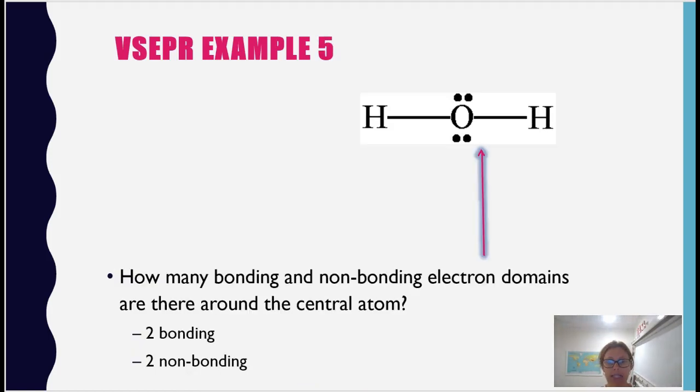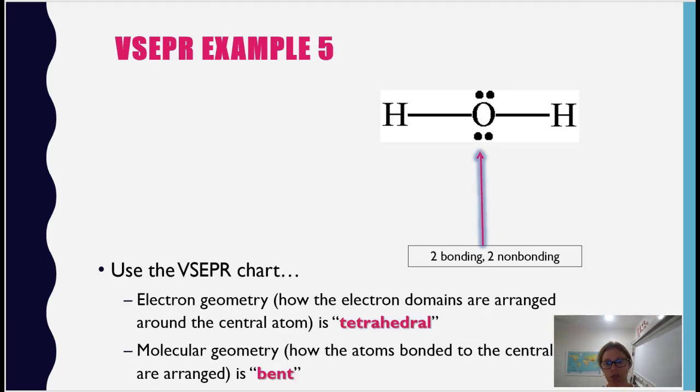And looking at this example here, again, 2 bonding pairs here and here, but we have the 2 lone pairs there. So what's that going to do to our shape? We've got the 4 all around, but in this case, we get a bent shape.